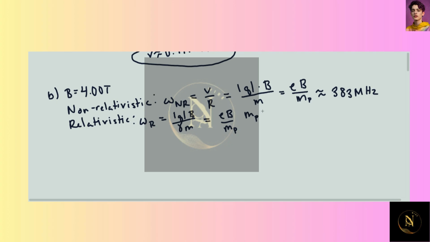So times mass of the proton, c squared, over the energy, or EB c squared over energy. And if we again plug in our numbers, we get that this is about 0.360 megahertz.